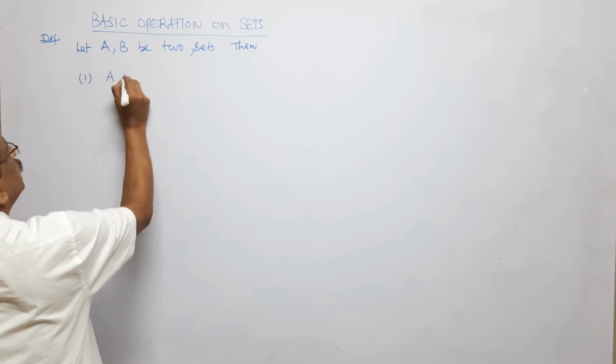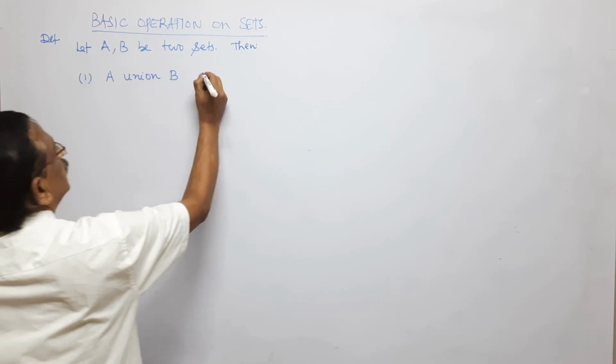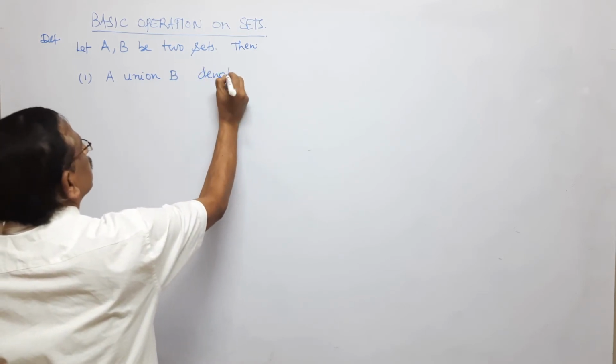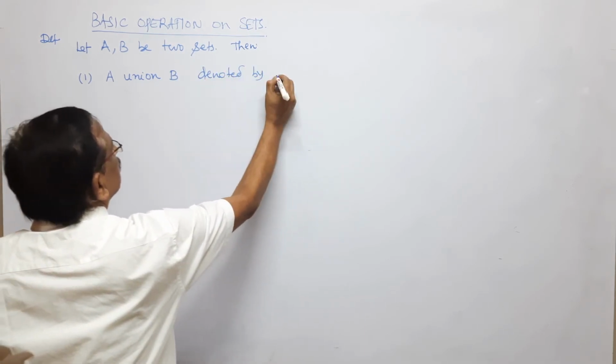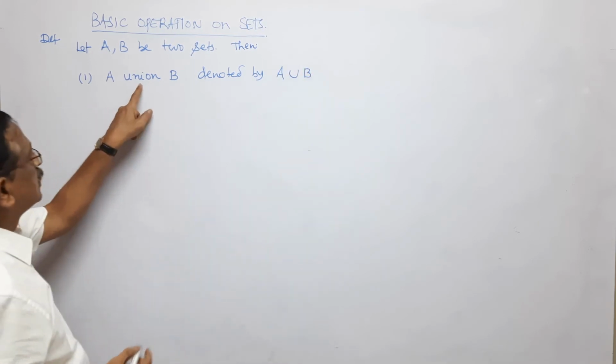A union B, denoted by A ∪ B. This is called union.